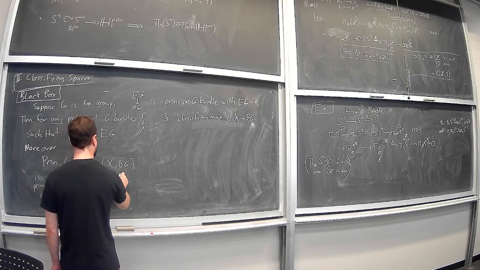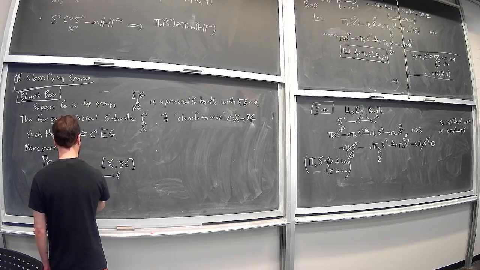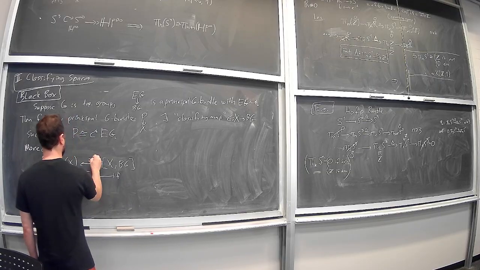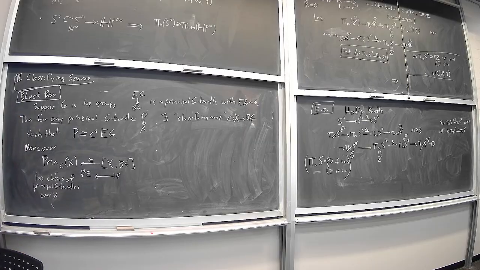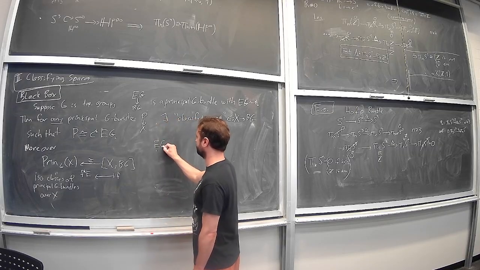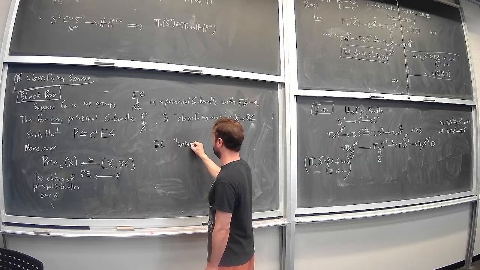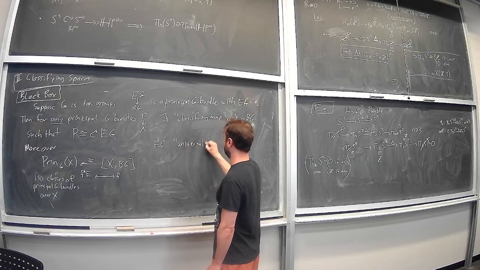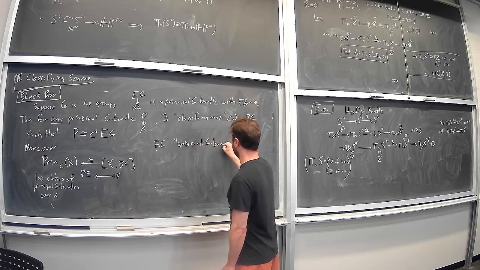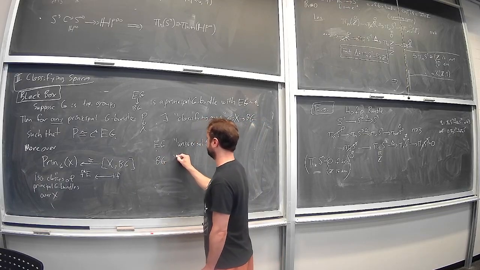And what is the correspondence? You take a homotopy class f and you just take it to the pullback of E. So this is a case of a universal object. EG is called the universal principal G bundle. BG we call the classifying space.